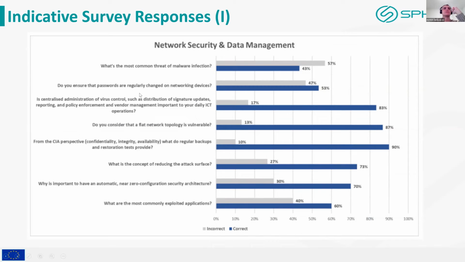For example, do you ensure that passwords regularly change on the network devices? We collected the answers. What is the concept of reducing the attack surface? We collected the answers, and we saw that 73% of the ICT employees in hospitals managed to answer this question correctly.